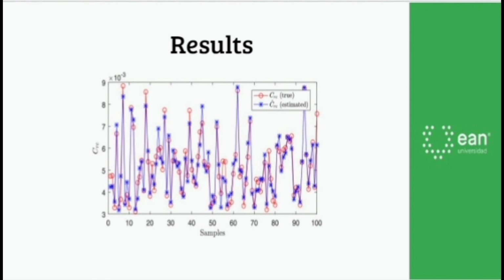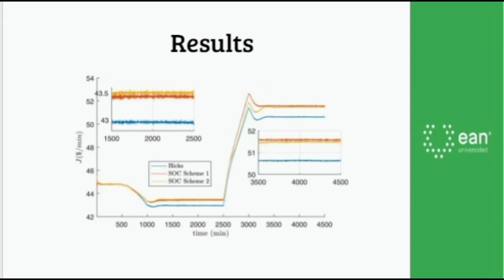The figure compares the true C_RC and the estimate output given by the LSSVM soft sensor. The results are reasonably good with an average prediction error of about 6%. It is evident that the SOC schemes are closer to the desired optimum.